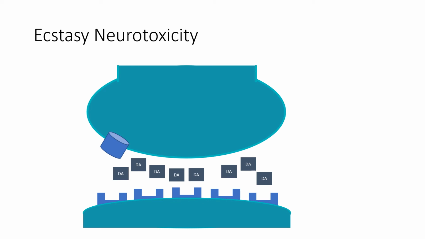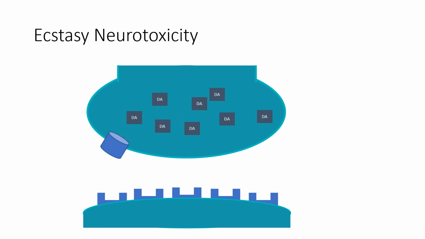And what ends up resulting here then is that once serotonin is depleted, the dopamine instead is taken back up by the serotonin transporter into the serotonin neuron. The dopamine there is then converted into hydrogen peroxide by the serotonin neurons, resulting in toxicity.